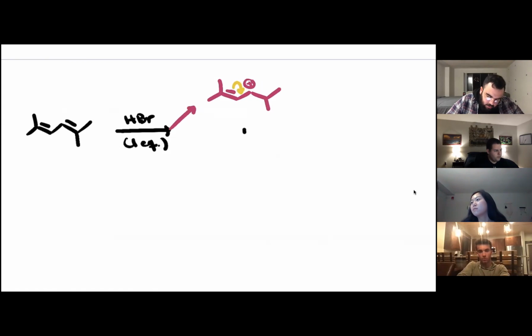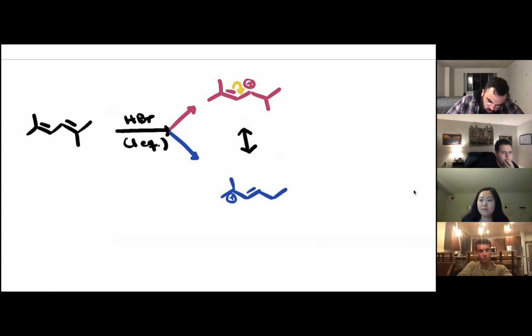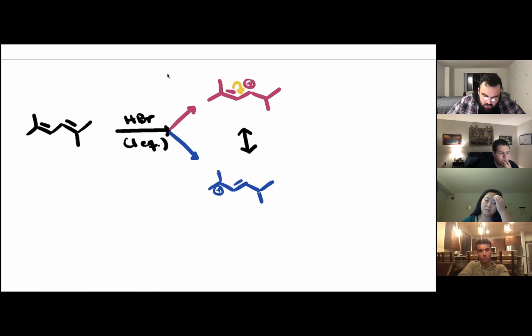Now, if we go and then draw our other possible intermediate, we see that the other cation ends up being over here. Okay, so now we want to go and add in our bromide.